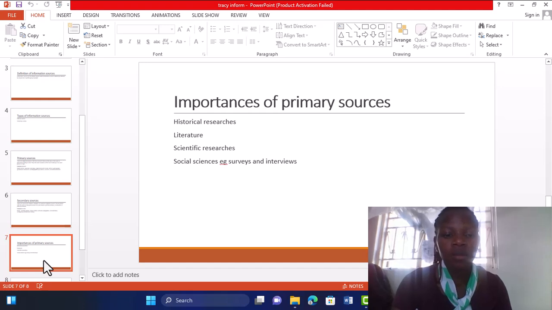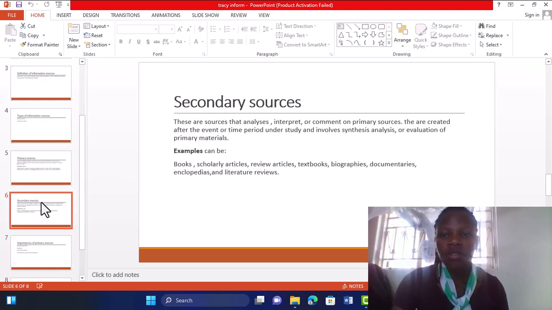And the last importance is social science, for example in surveys and interviews. As I said earlier, we need first-hand information, not information that is going to confuse society. So let us proceed to the secondary sources.